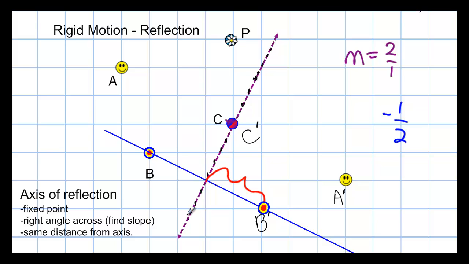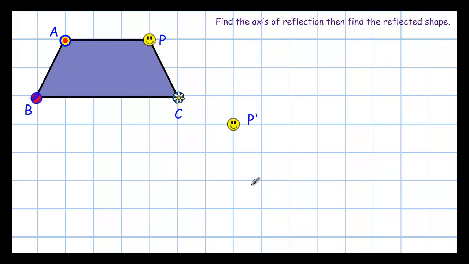Okay, on this problem, the first thing we want to do is find the axis of reflection and then reflect the whole shape. So if I first draw a line from P to P prime, I can see that it has a slope of negative 1 because I go down 1 and over 1.